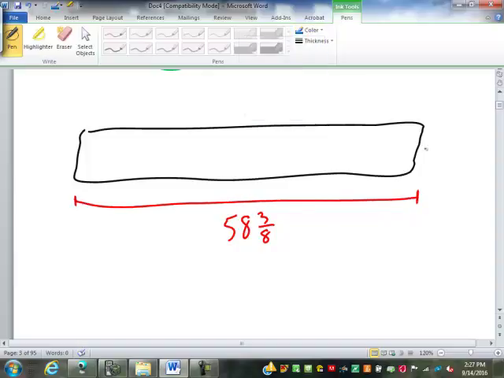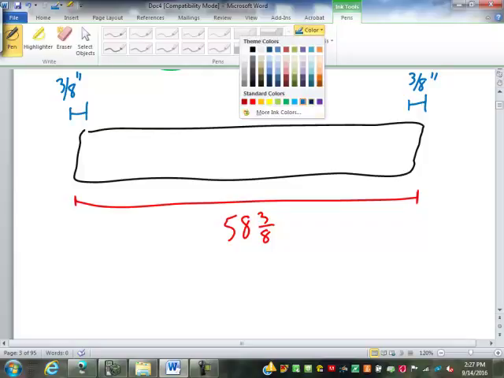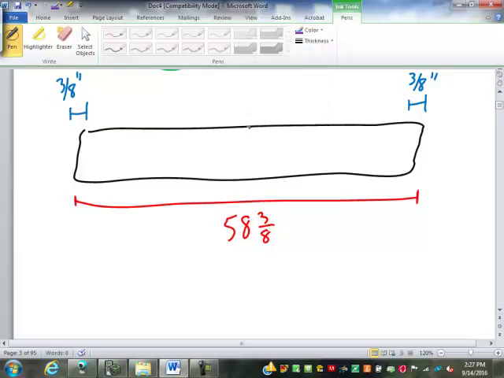I estimate that in order to square up the ends, I'm going to have to cut off 3/8 of an inch on each end. I want 4 equal pieces out of this. So once I've squared off the ends, I want to get 4 equal pieces out of this.